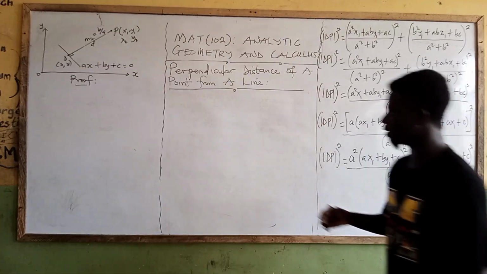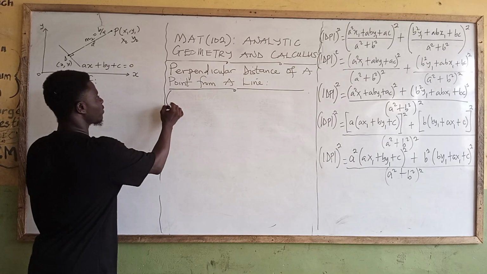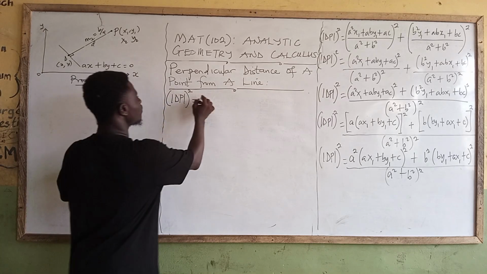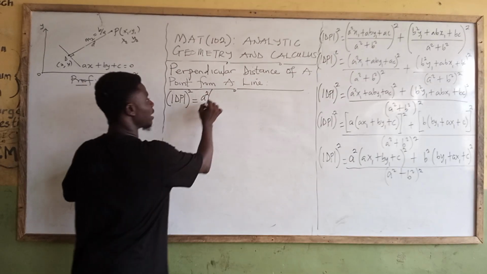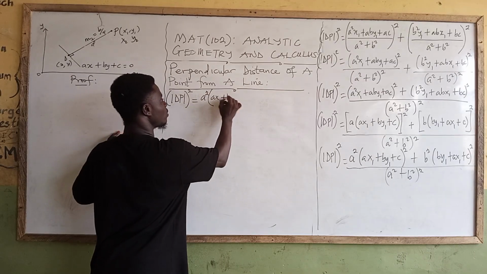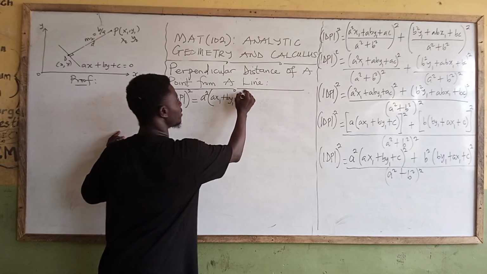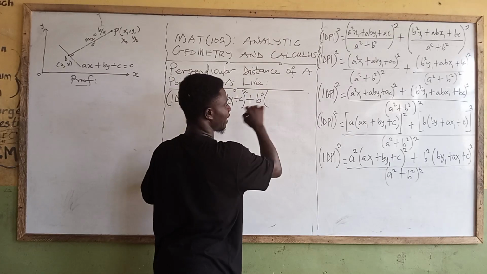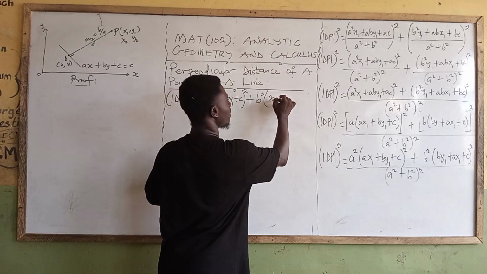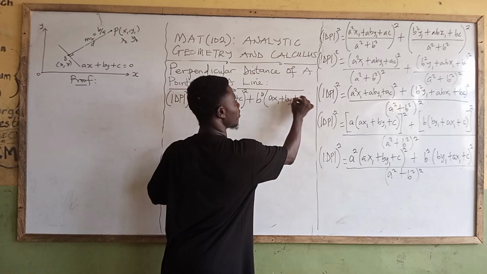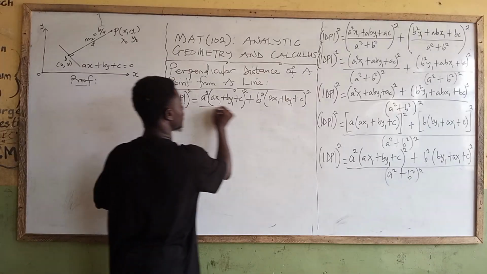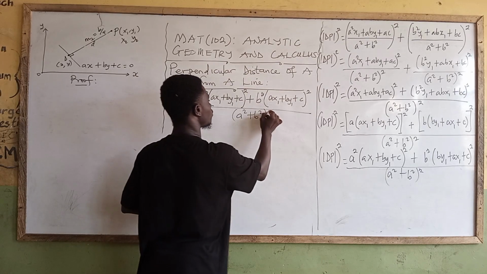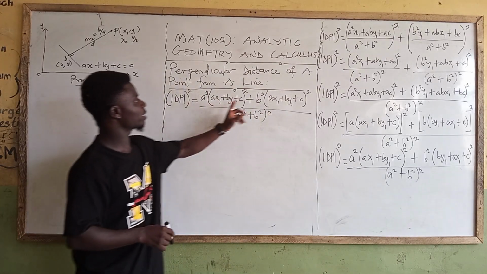Well, let's write it down again so that you see. So I have the length of DP all squared, which is equal to a squared times a x1 plus b y1 plus c all squared plus our b squared times a x1 plus b y1 plus c all squared divided by a squared plus b squared all squared. So this and that they are the same.